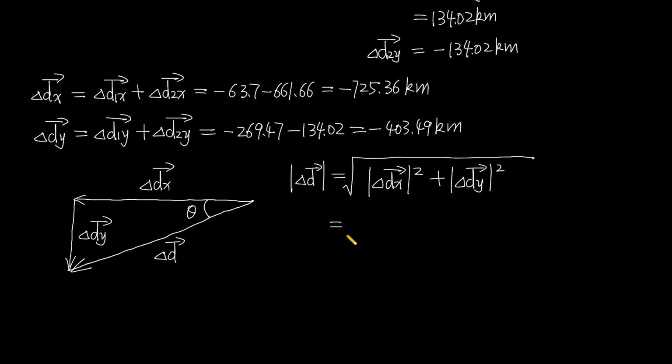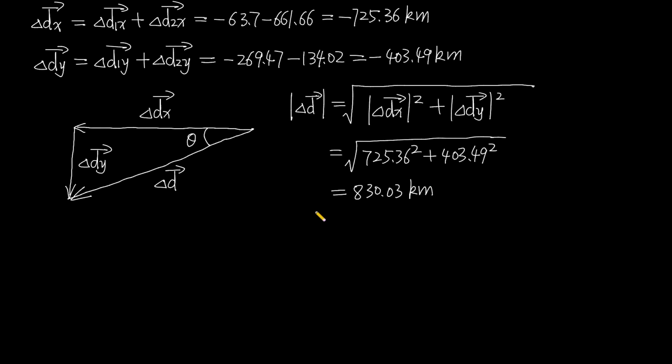So this equals the square root of 725.36 squared plus 403.49 squared, and this equals 830.03 kilometers.